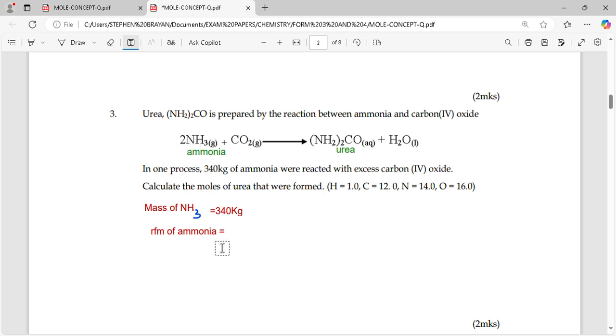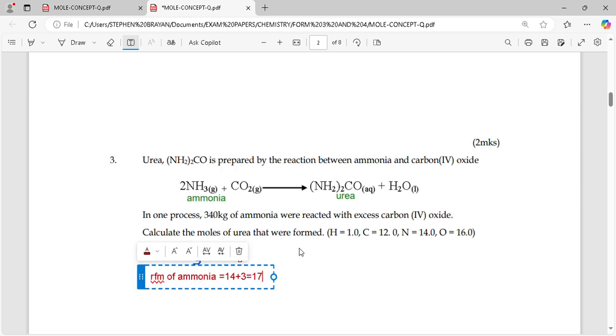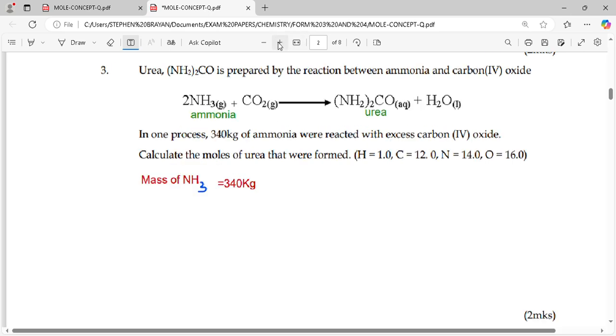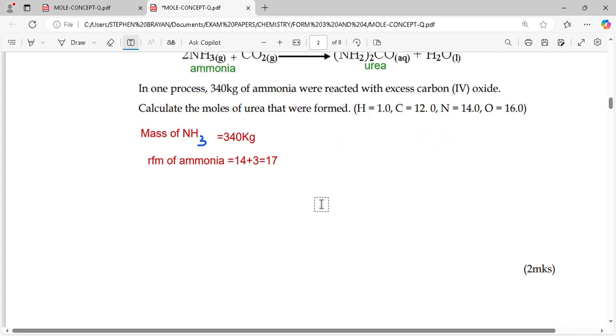So RFM will be nitrogen, which is equal to 14, plus the hydrogens are 3, and hydrogen is 1, so that is just plus 3. From there, you're going to get that your RFM is 17. Once you get that your RFM is 17, because now we have the mass and we have the RFM, that means we can get the moles.